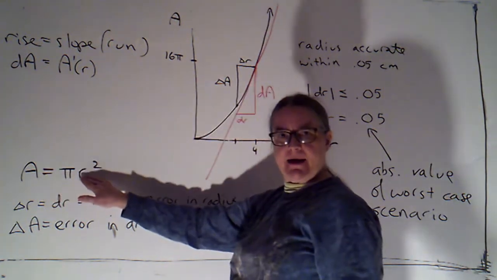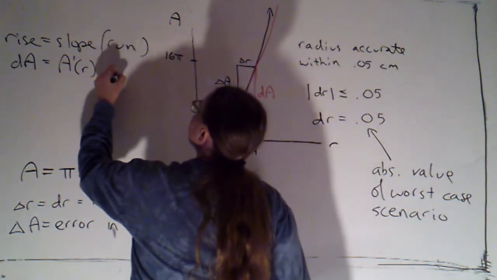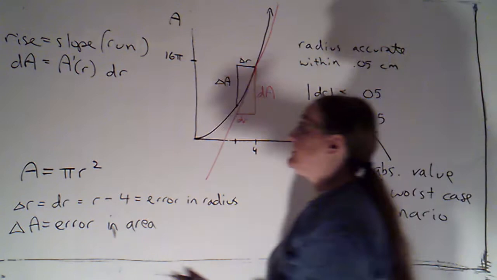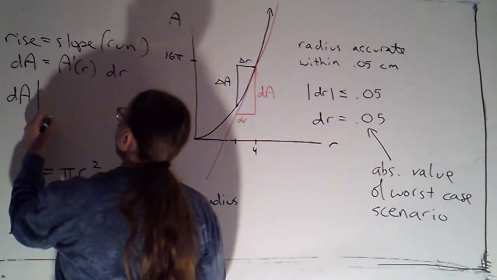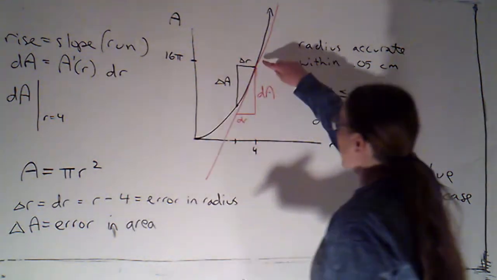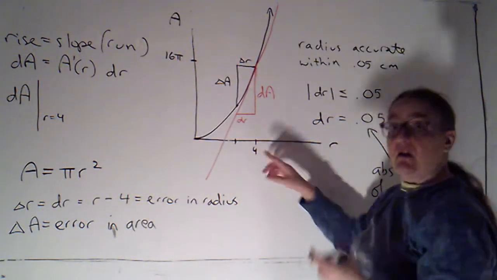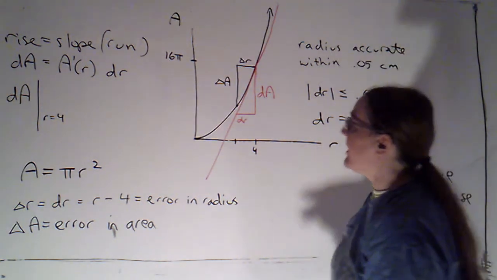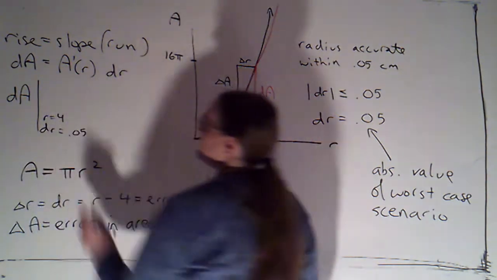Area is a function of radius, so its derivative will be a function of the radius, times dr. Now what I want to do is evaluate dA when the radius is 4. I want to look at the tangent line at the point that I was trying to get, at the right value for the radius, and when dr is 0.05.